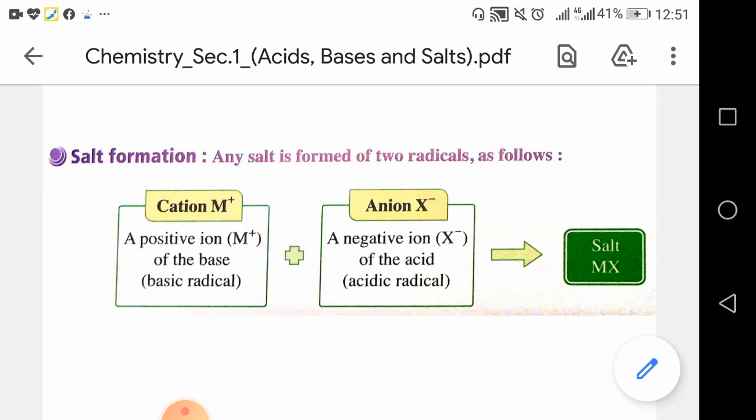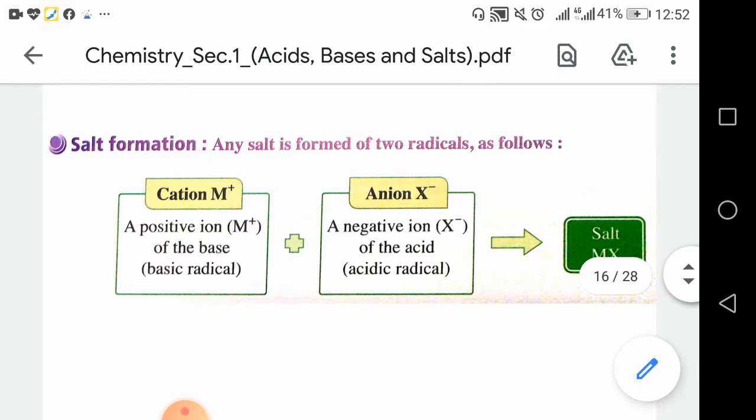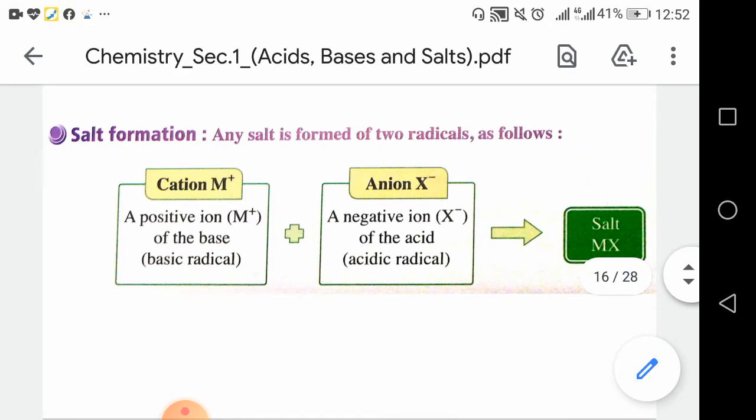Salt formation. Any salt consists of two parts: a positive part called cation and a negative part called anion. Each part is called a radical. So any salt consists of two radicals, cation and anion. Cation comes from the base, so it is called the basic radical, while anion comes from the acid and is called the acidic radical.